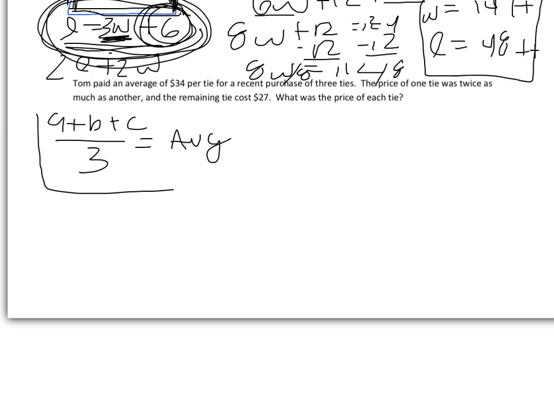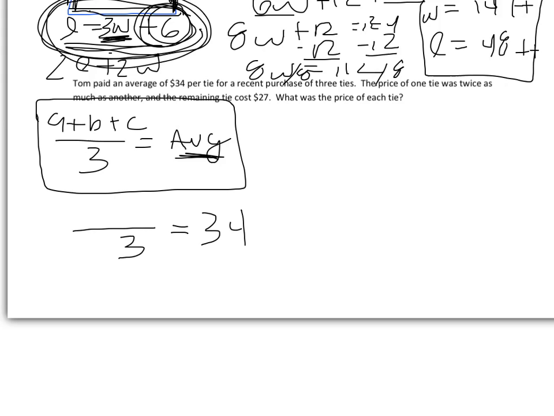I think most people are pretty good with average. If we're going to average 4 things, we add them together and divide by 4. Averaging 5 things, add them together and divide by 5. So if Tom paid an average of $34 per tie, the average is 34. Let's plug that in. The price of one tie was twice as much as another.